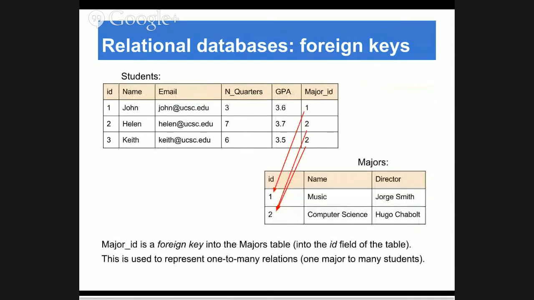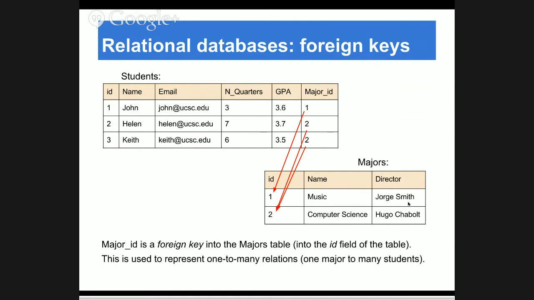And so what you should do is create two tables, one for students and one for majors. And in the table for students, you simply put a pointer to the major in which they are. So you simply have a major ID that contains the ID of the row where the major is described. And then the major has the name and the director.